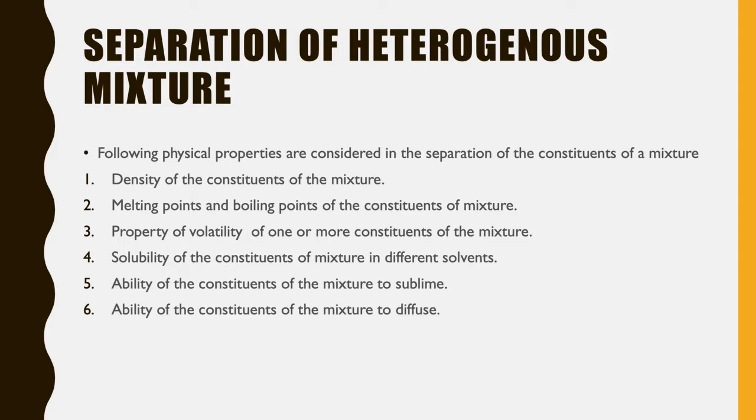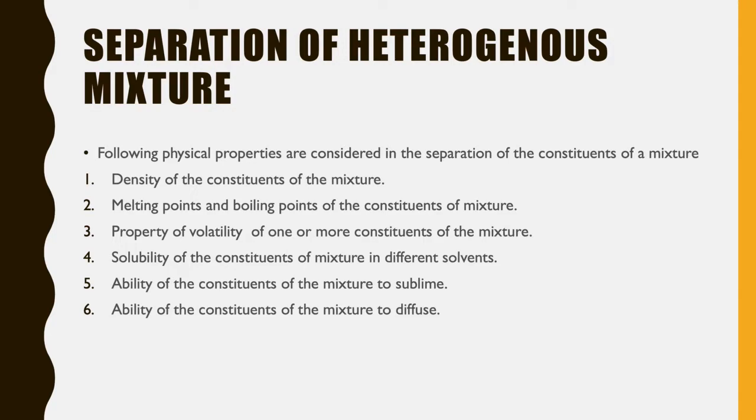The density of the constituents of the mixture, that means in which density the constituents are mixed in the mixture. Depending upon the melting point and boiling point, the property of volatility, solubility of the constituent, ability of the constituent of the mixture to sublime, and the ability of the constituent of the mixture to diffuse.